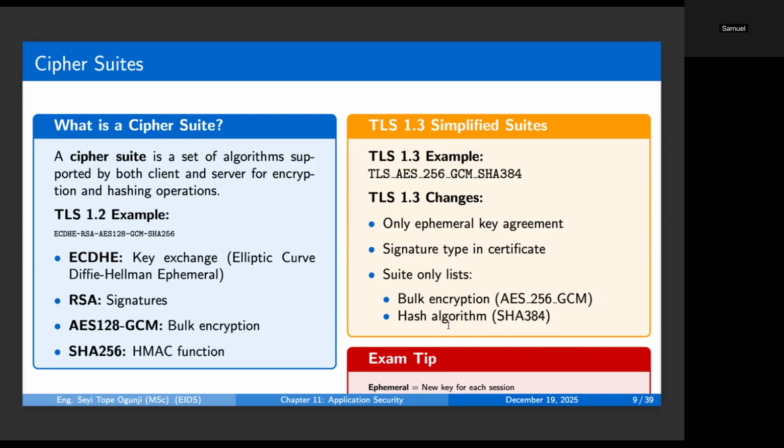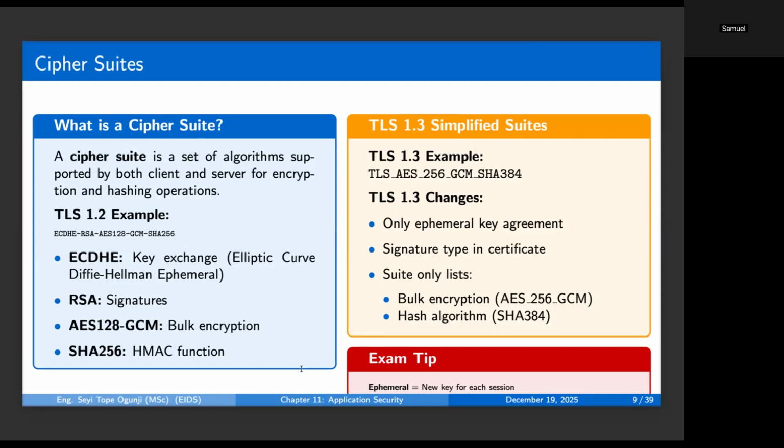But it becomes cipher text when you have encrypted it. So a cipher suite is like a recipe book, or what we call a set of algorithms that tells computers how to scramble and unscramble their secret message.